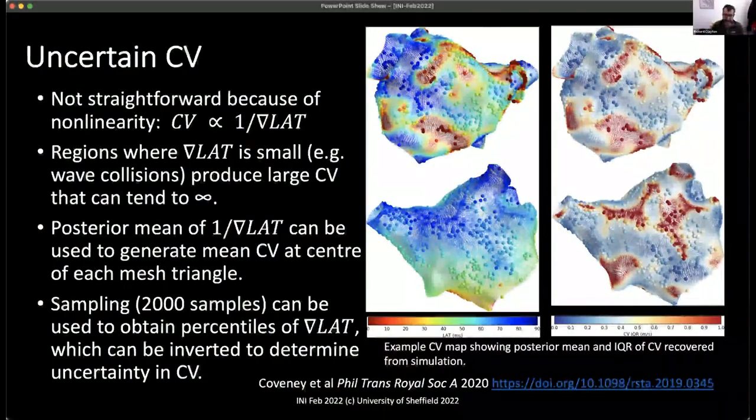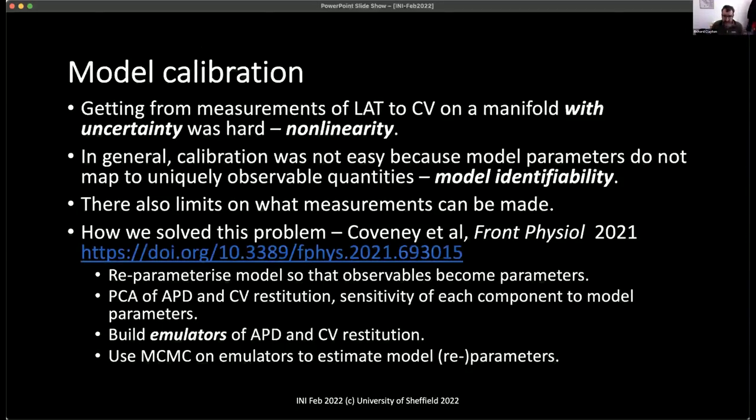And we can then invert that to determine how uncertain our estimate of conduction velocity is. So we can get from measurements of activation time to conduction velocities, and that was a bit harder than we were expecting to do.